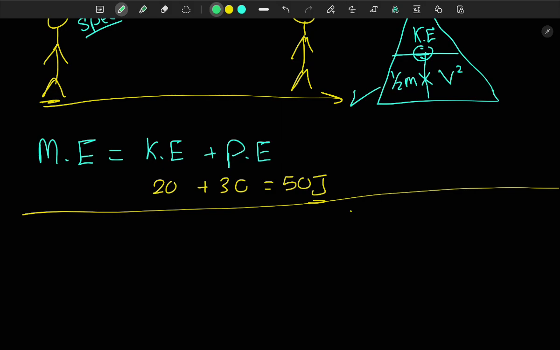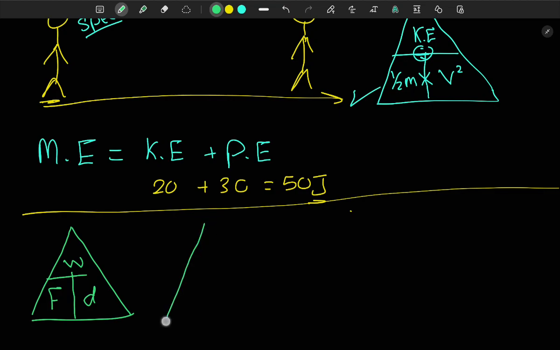So we have heard some laws in this lesson. The first law, from the last session, is the law of work, and we said that work equals, do you remember, force times displacement. The second law we have in this lesson is potential energy, and we said that potential energy depends on two things, weight and height.